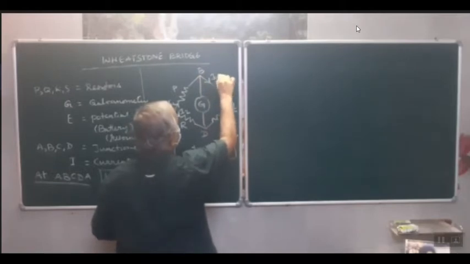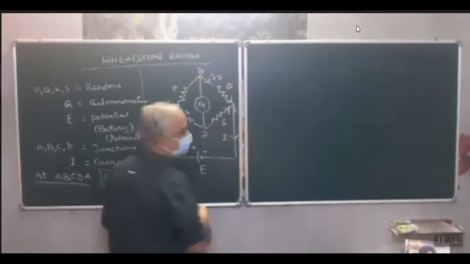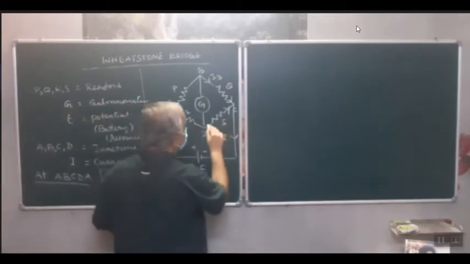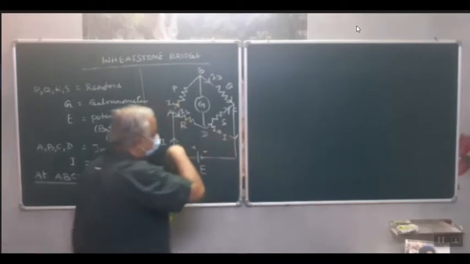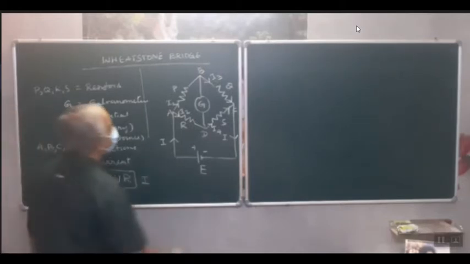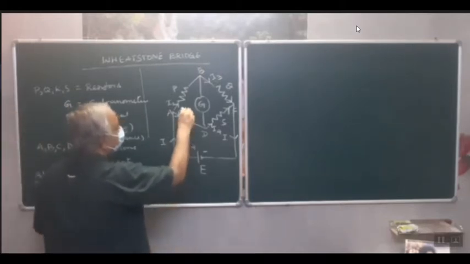Let me represent I1 as the current passing through P, I2 the current passing through R, I3 the current passing through Q, I4 the current passing through S.